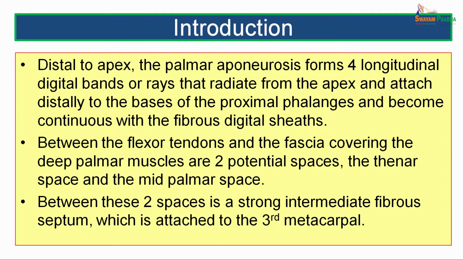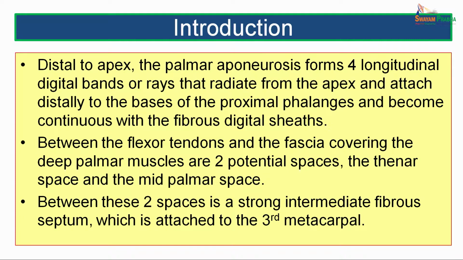Distal to the apex, the palmar aponeurosis forms four longitudinal digital bands or rays that radiate from the apex and attach distally to the bases of the proximal phalanges and also become continuous with the fibrous digital sheaths.